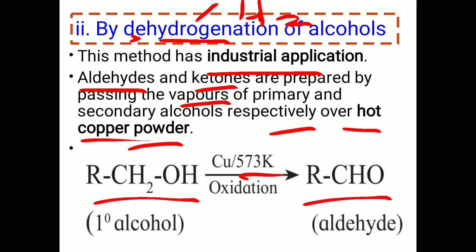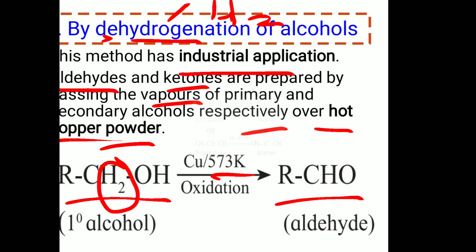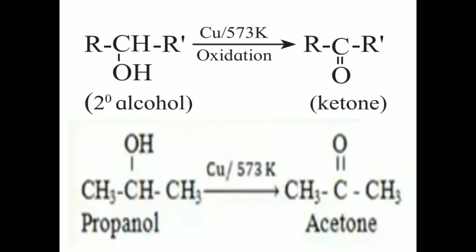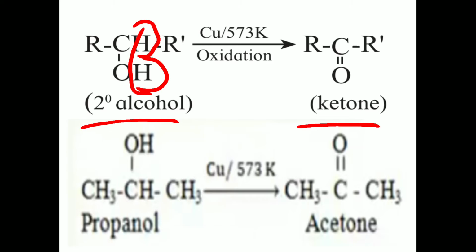Now the same mechanism applies, that is H2 has to be removed, that is dehydrogenation, meaning an H2 molecule of hydrogen is removed. From secondary alcohol we get the ketone. In this same mechanism, one H from here and a second H from here are both removed, and we get the product RC=OR, that means ketone.